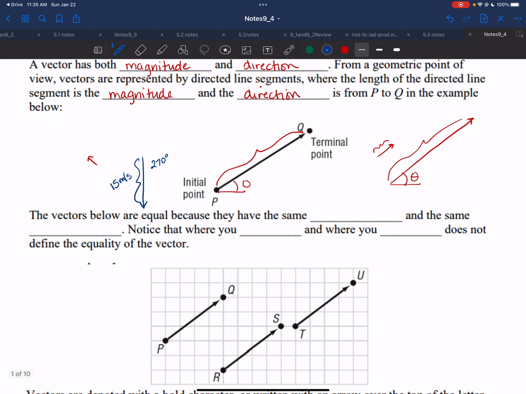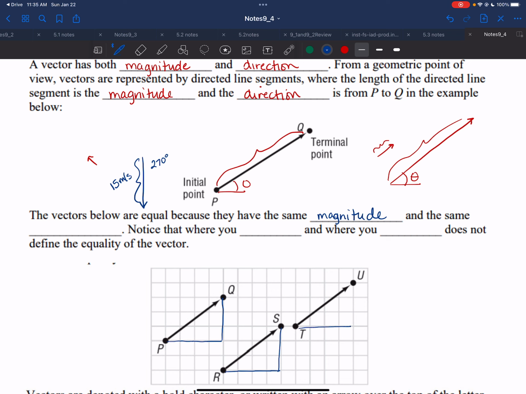Here we have vectors below that are equal because they have the same magnitude. So if you look, it's 1, 2, 3, 4 over and 3 up. So 1, 2, 3, 4 over and 3 up.